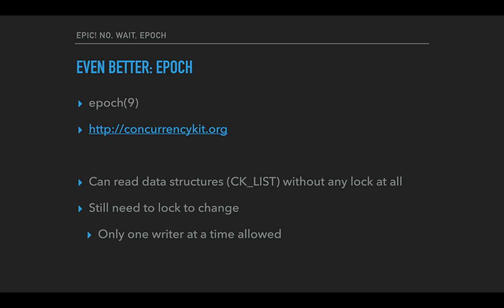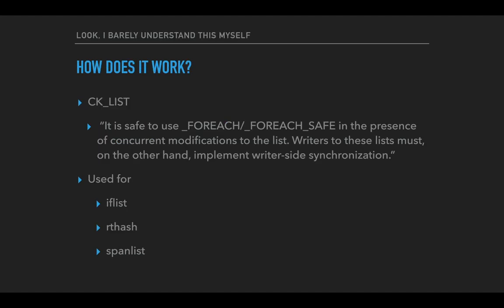And from this toolkit, we get a data structure, a list, because the bridge only uses mostly simple data structures like lists. And the CK list, the ConcurrencyKit list, can be used without any lock at all. As they say in the documentation, it is safe to use foreach in the presence of concurrent modifications to the list.